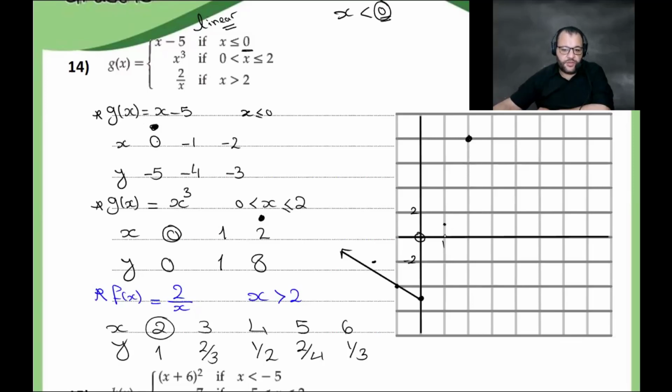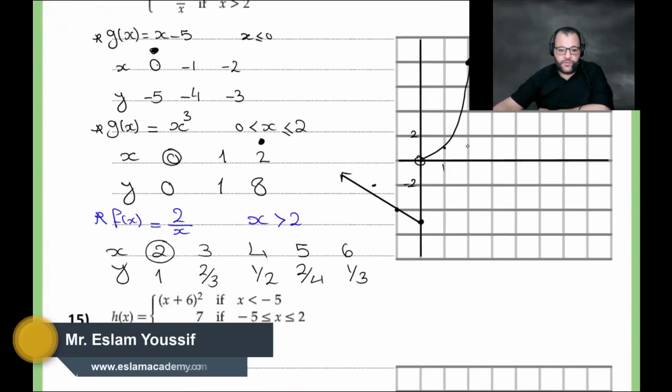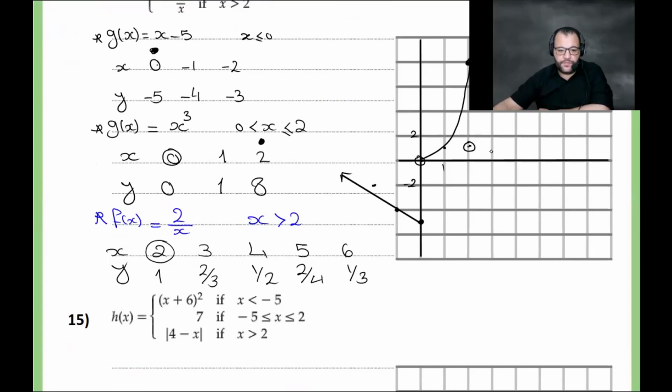That's the graph of the cubic function. The third one, 2 and 1, and it's open. Then 3 and 2 over 3, 4 and 1 over 2, 5, and so on, this way.